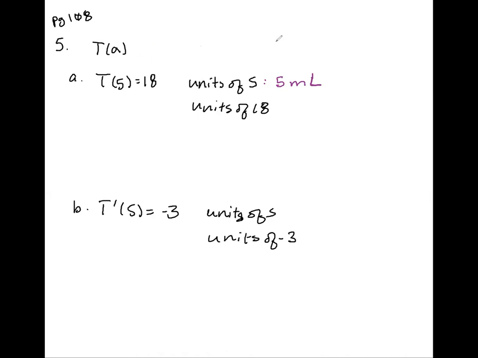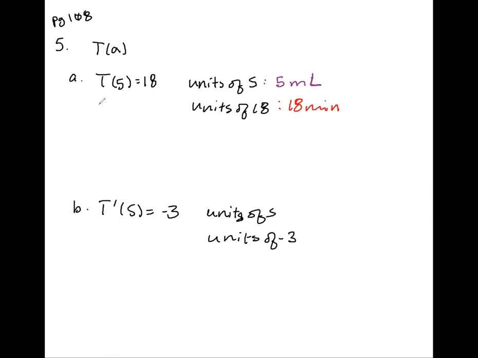So this chemical reaction depends on how much of the catalyst is there, and the catalyst is added in milliliters. So yeah, 5 milliliters. What about 18? What do we think the units of 18 are going to be? Well, that would be the minutes. Yep.